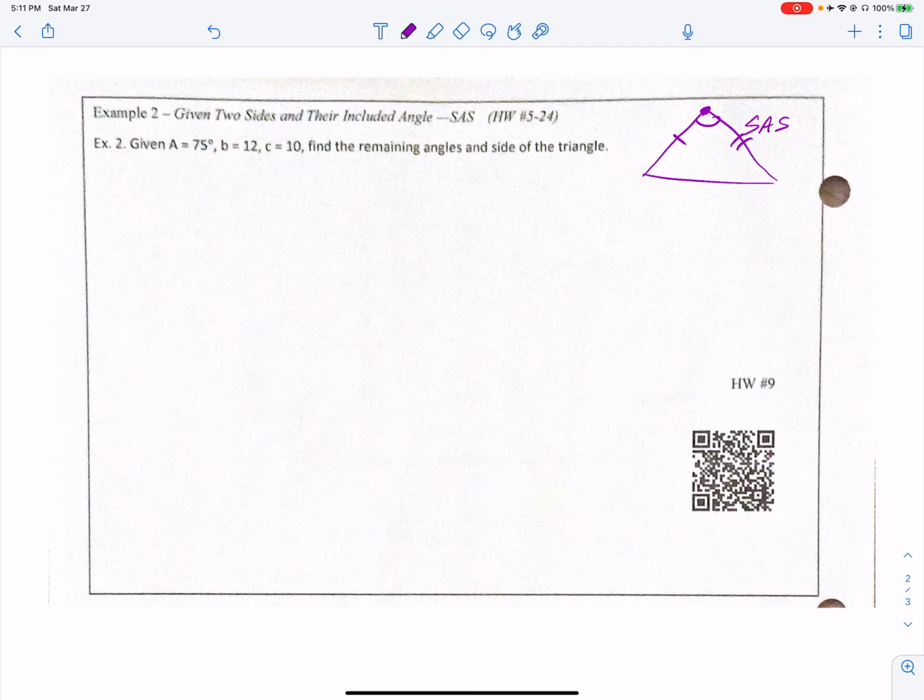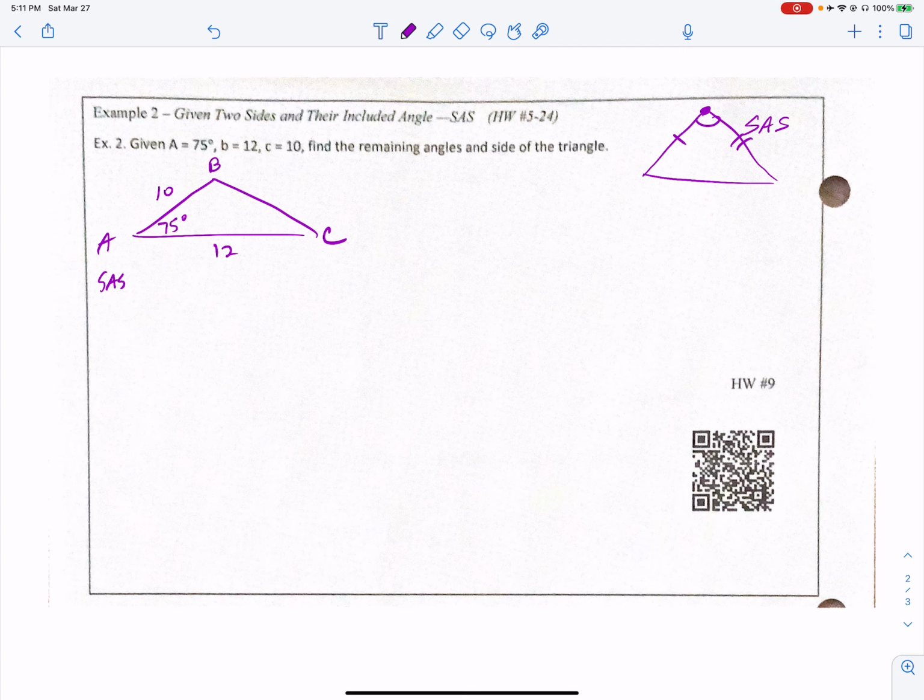So if I set up my triangle, A is 75 degrees, little b is 12, and little c is 10. This is a side, angle, side setup, so you need to use law of cosines.